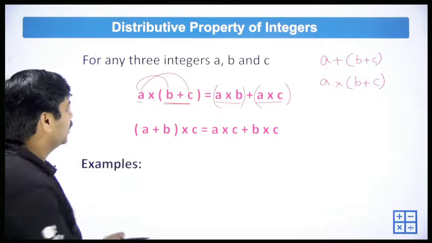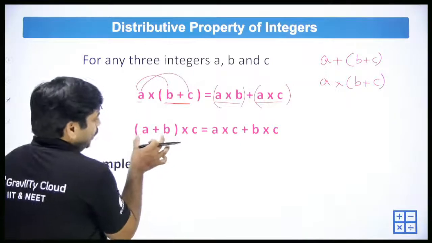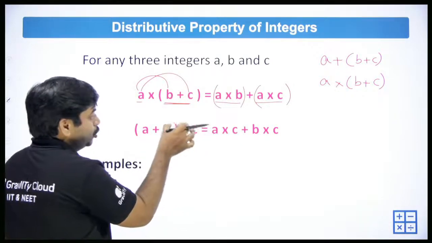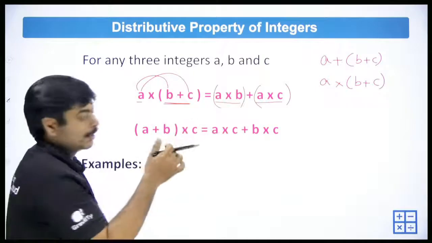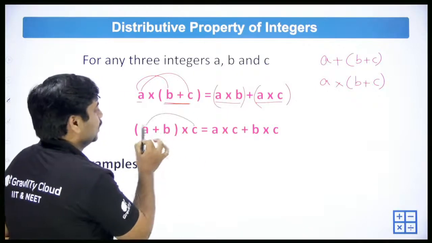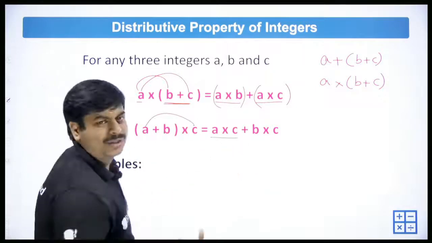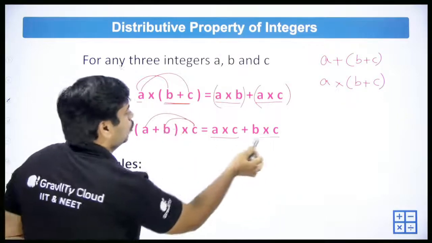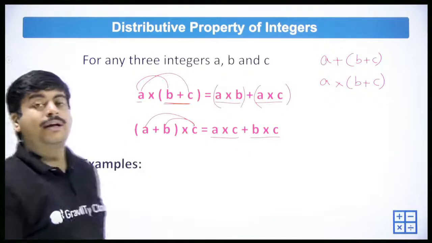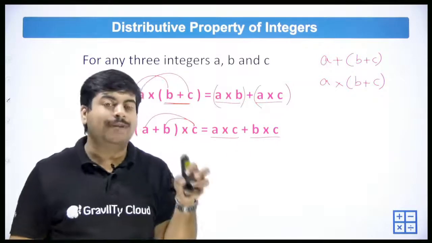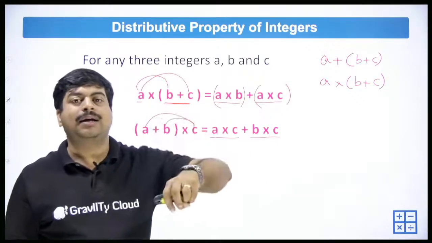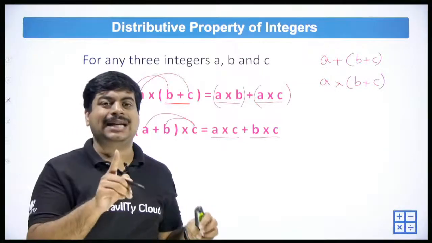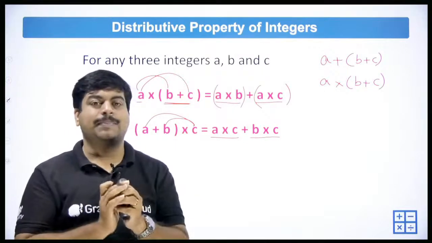The same way, if you carefully observe, A plus B is one unit, C is another unit. So you need to distribute C to both of them. You are distributing C to A, that is A into C, or C into A, both are same. And C to B, or B into C, both are same. We are distributing only the term which is being multiplied, not the thing which is added. You should be very careful in that.